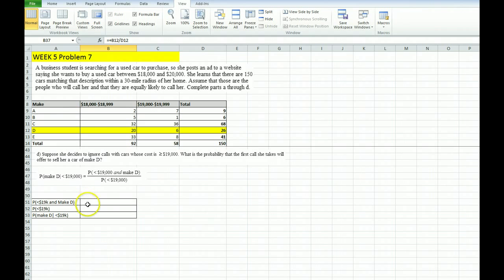So if we wanted to find that, then that's going to be equal to the probability that it's less than 19,000, which is going to be in this column, and it's a make D, so that's 6, and you divide that by the total number.